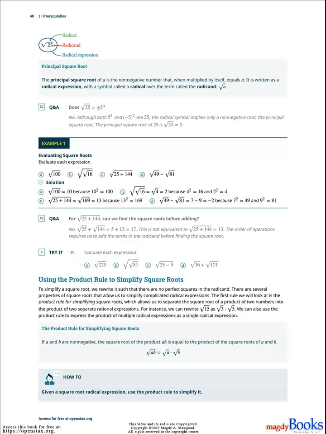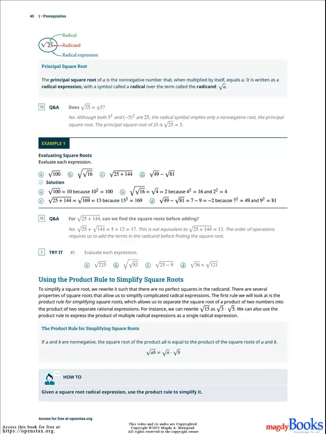C. √(25 + 144) = √169 = 13 because 13 squared equals 169. D. √49 − √81 = 7 − 9 = −2 because 7 squared equals 49 and 9 squared equals 81.